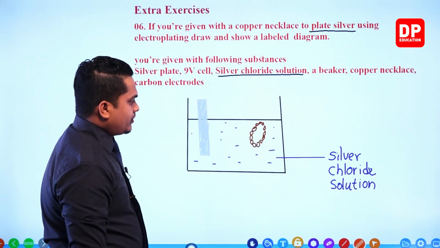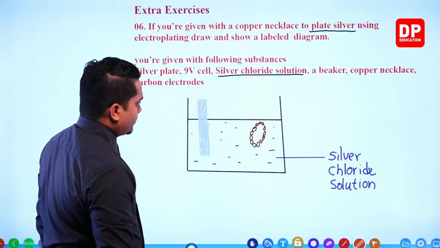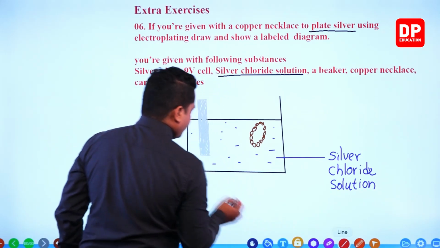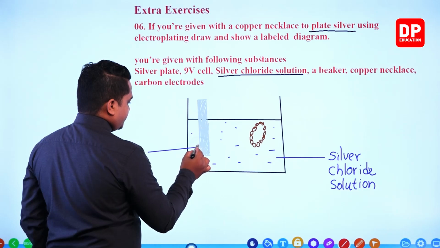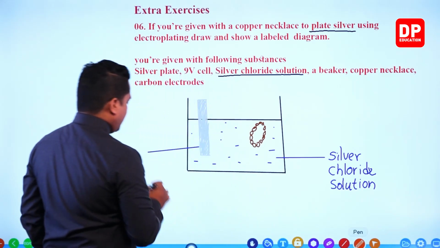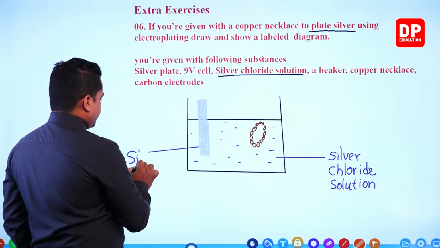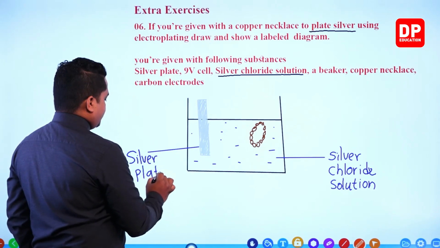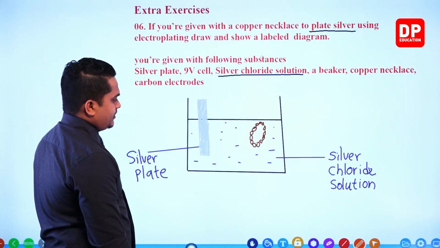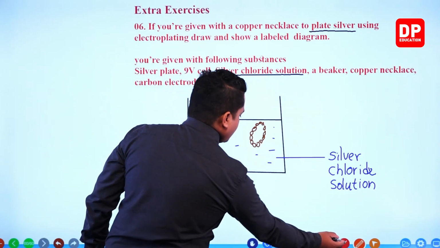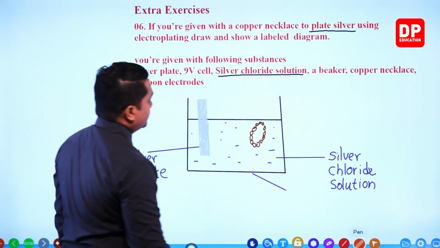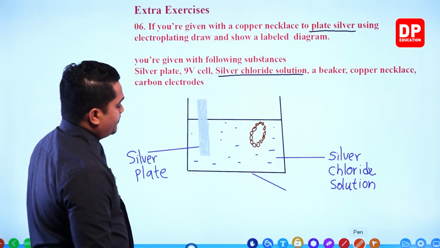Then this is the silver plate. And this is the beaker.